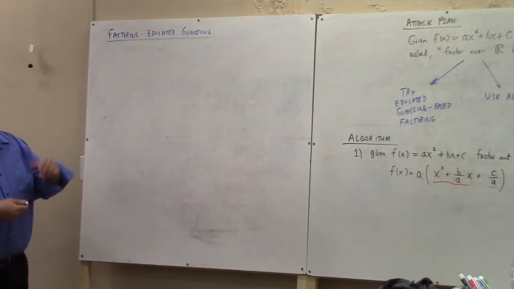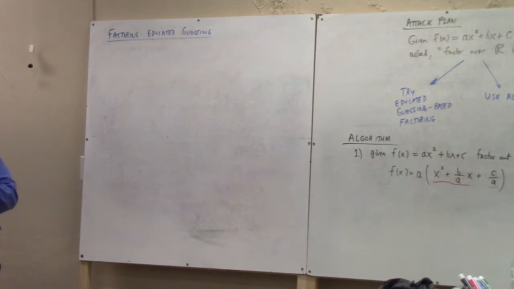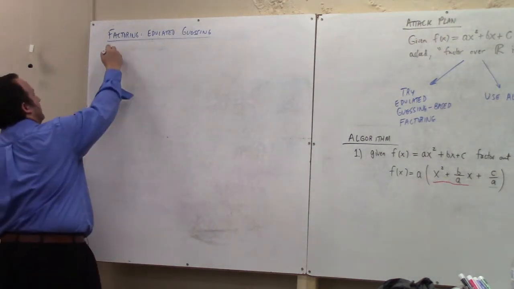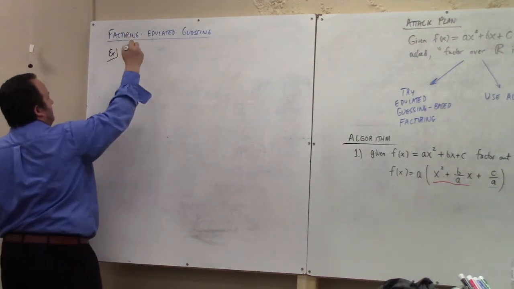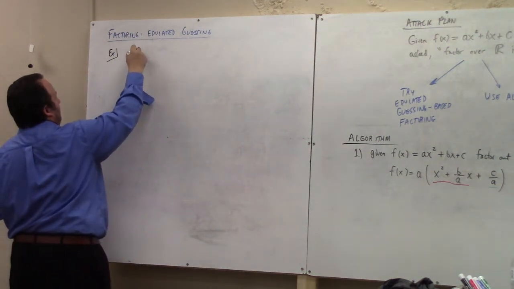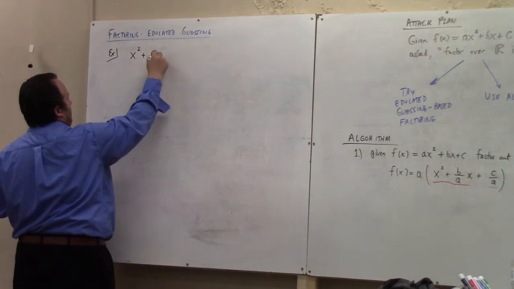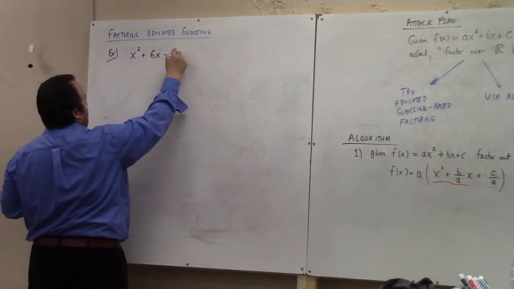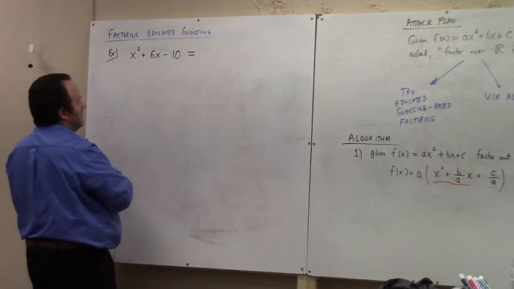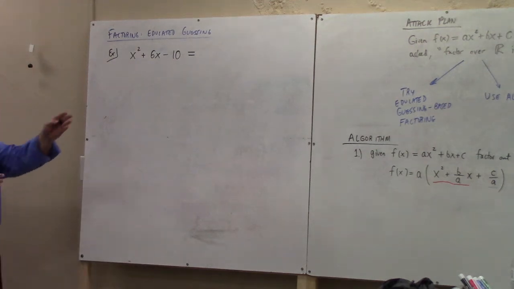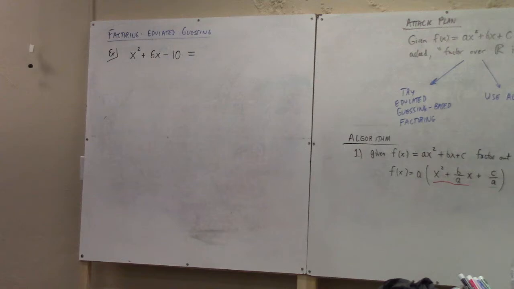But I haven't solved the quadratic equation, you know. So here, let's consider this x squared plus 6x minus 10. So if we follow the attack plan, the first thing we would try would be what? Plain old garden variety factoring. What happens if we try that?